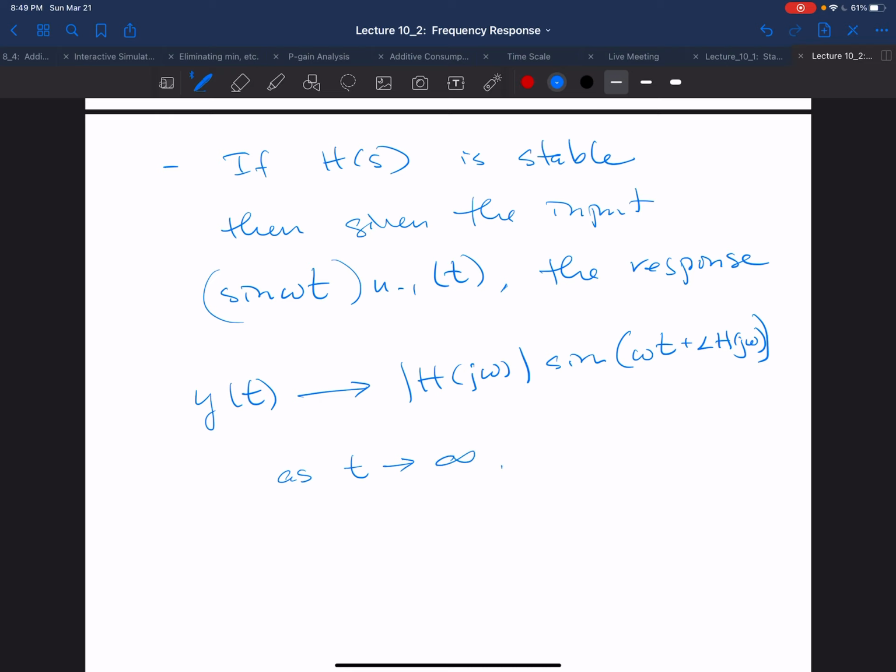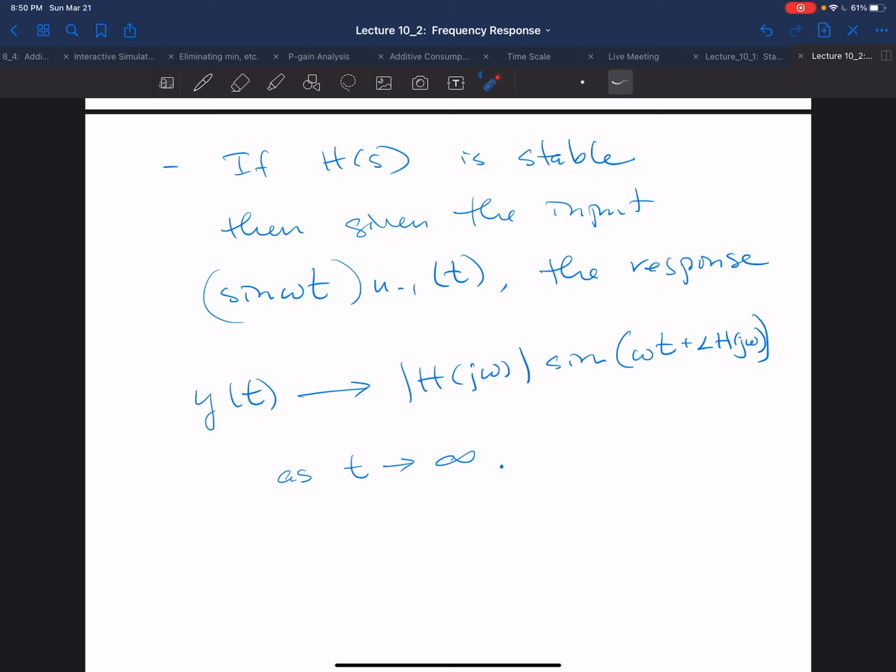And in fact, when you have a stable system, you can draw the frequency response experimentally by going into the lab, feeding in sinusoids of different frequencies, and tracing these two quantities, the modulus of H(jω) and the angle of H(jω), essentially as a function of frequency. We'll see that in fact we trace this in a particular way. We want it to be easy, just as in the case of the response in the time domain.